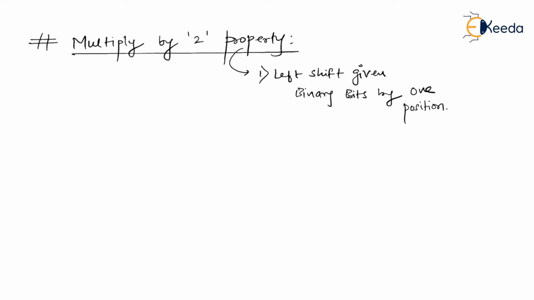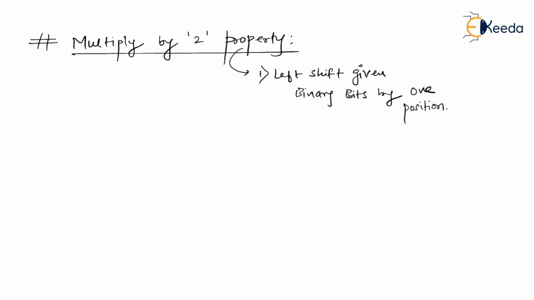So whenever you do left shift, what will happen? If you remember, during right shifts there is a vacancy at the MSB, but then you knew that you have to retain the MSB every time. That you have to avoid when you are multiplying by 2, or whenever you are having left shift. You'll understand it better when I start with an example. But to give you an idea, whenever you do a left shift, a vacancy is always created at the rightmost position, that is at the LSB side.